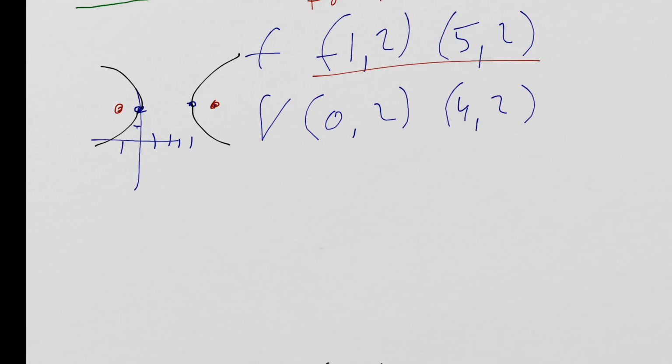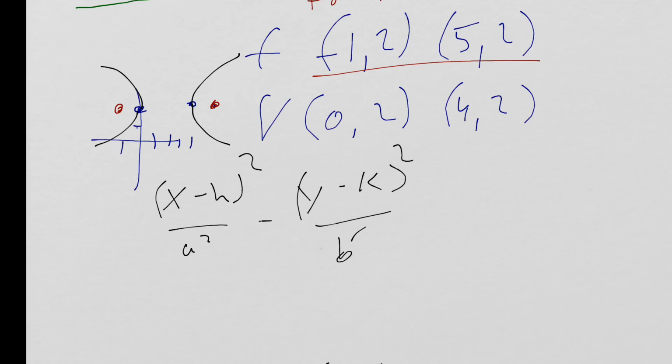which means we're going to have (x minus h) squared over a squared minus (y minus k) squared over b squared equals 1. Okay, whoops. So where's our center? Well, our center is right in between these 2 points.